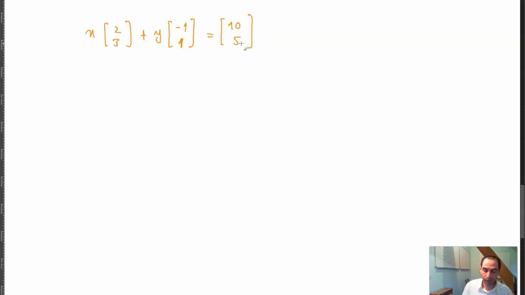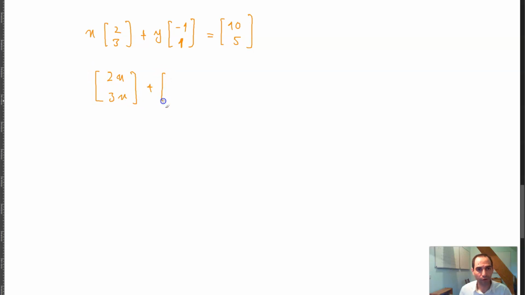Question number 11: if you want to find the values of x and y. So x times (2, 3) plus y times (negative 1, 1) is equal to (10, 5). Multiplying x here, you'll get 2x, 3x.